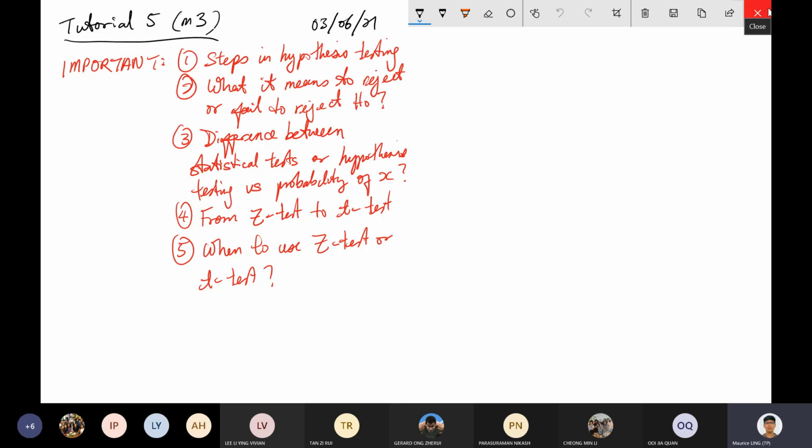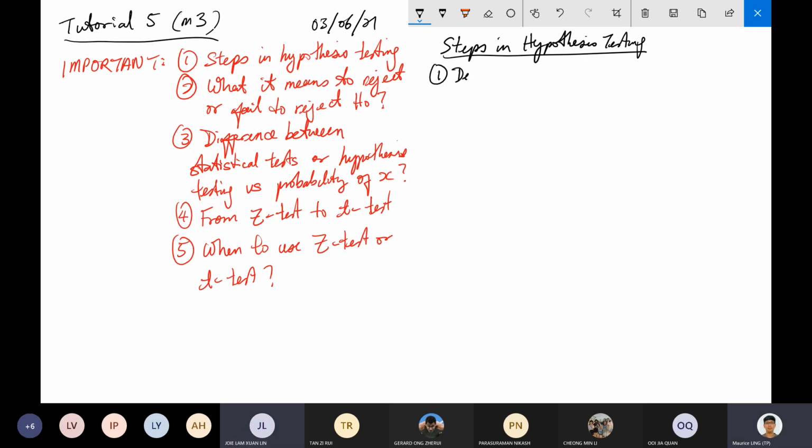So what we are going to do is some revision. The first thing is to go through the steps of hypothesis testing, which we have gone through already. Can you remember what the steps are? We went through them on Tuesday. Just briefly give me the steps. What is the first thing? Step number 1: derive the null hypothesis and alternate hypothesis.